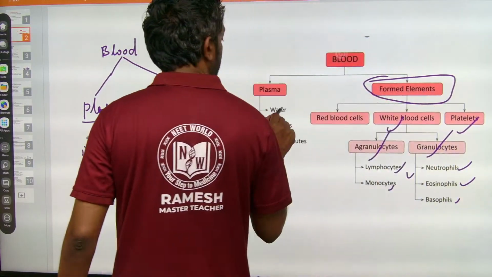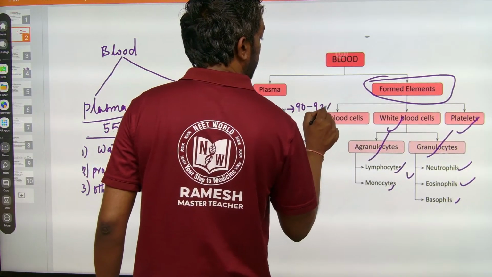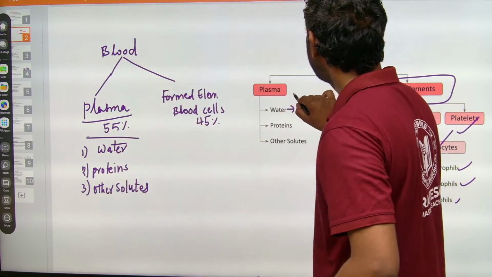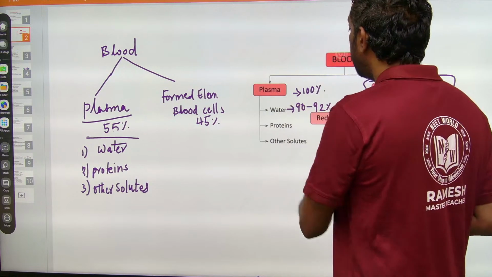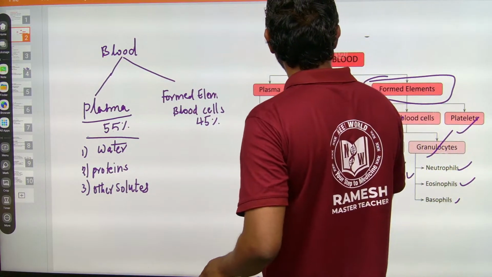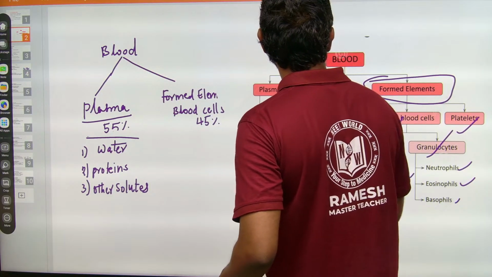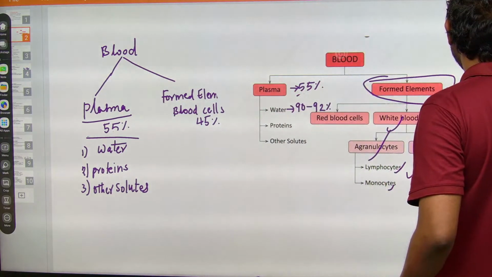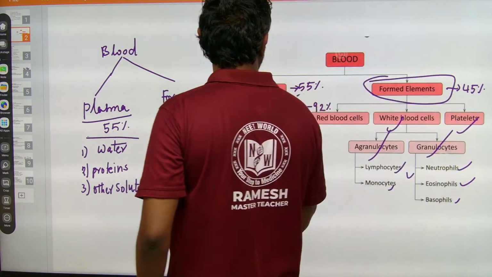water is 92% of the plasma if it is 100%. Of course, in the blood plasma is 55%, don't confuse, and formed elements are 45%.